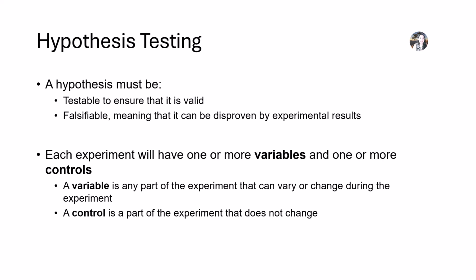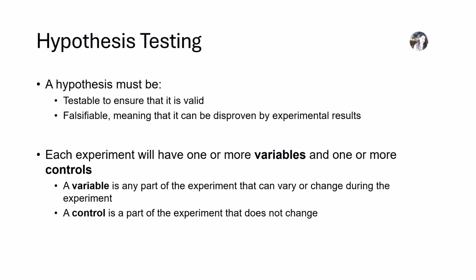So a hypothesis has to be testable to ensure that it is valid. It can't be something that you can't really test. So in the textbook, the example is, you can't really have an experiment based on, I mean, it's an interesting question, but if you were to say, do bears have dreams, or what do bears think about? I think bears probably think about fishing or whatever.